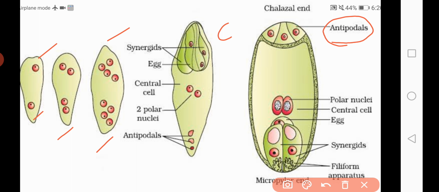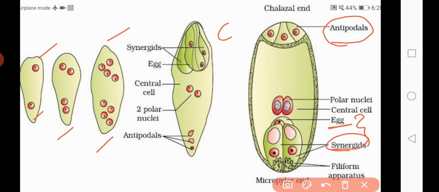Another 3 nuclei move towards the micropylar end and form the egg apparatus, which consists of a single egg cell and 2 synergids.